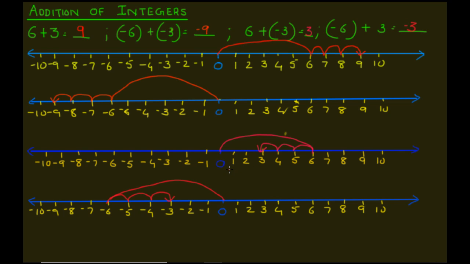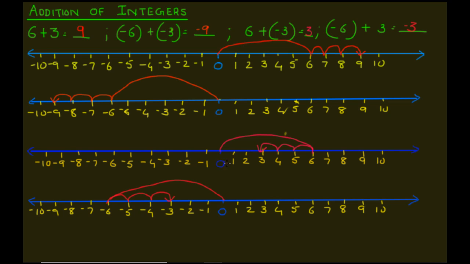Isn't that beautiful? So let us conclude: when we added 2 positive integers, we got a positive integer. When we added 2 negative integers, we got a negative integer. Here we have a positive integer added to a negative integer.